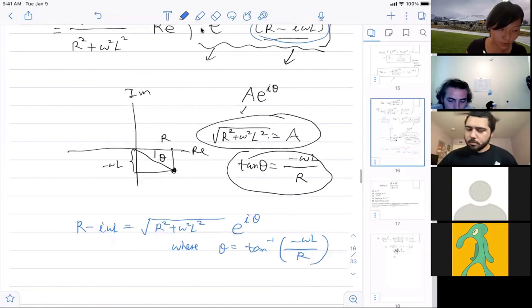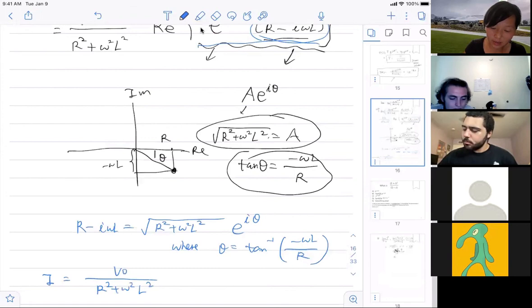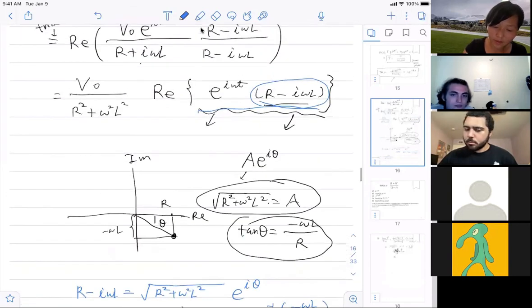Your final solution for current is V naught over R squared plus omega squared L squared, times the real part of this, which is A e to the i omega t e to the i theta.